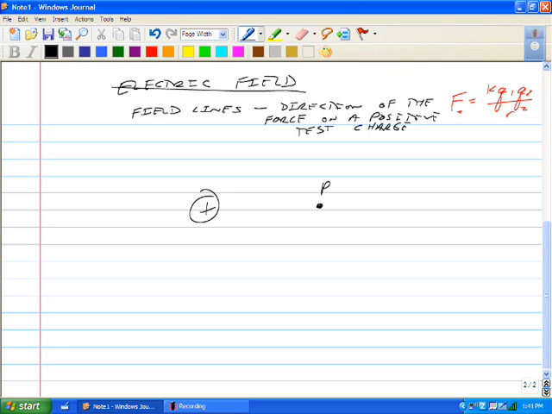So for example, with this single positive charge here, is there a field at point P? Yes. What is the direction of the field at point P? Up, down, left, or right? Right. Because if point P had a positive charge, it would be pushed to the right. So I can draw a field line directed to the right.